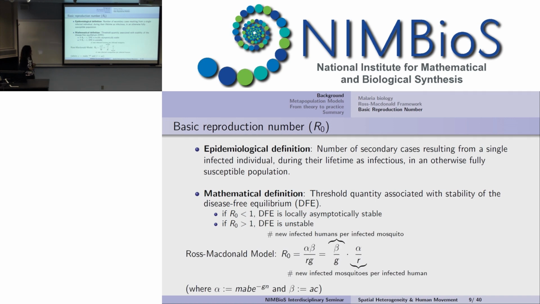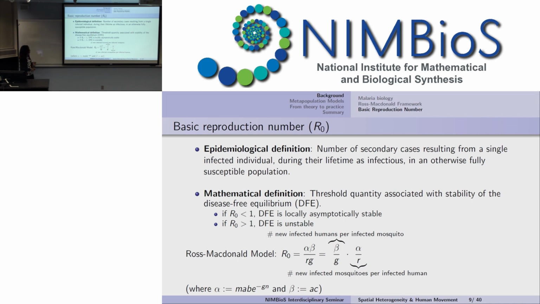This is quite easy to derive for the Ross-Macdonald model. We can write it as a product of 2 terms. The first is the number of infected humans per infected mosquito, and the second is the number of infected mosquitoes per infected human. So this reproduction number matches our epidemiological definition. It's the number of new infected humans per infected human.